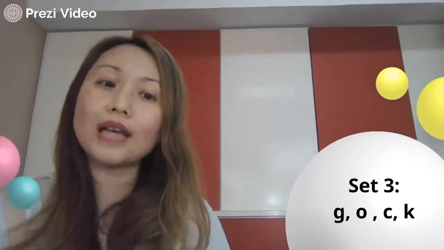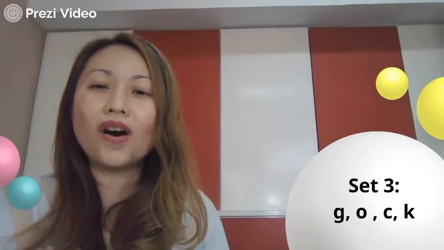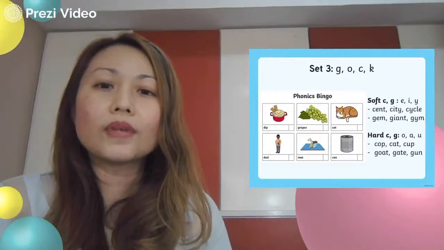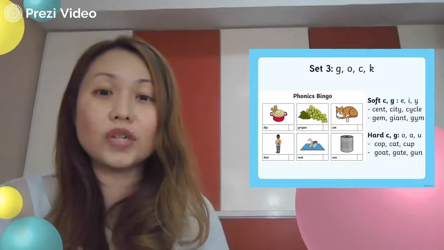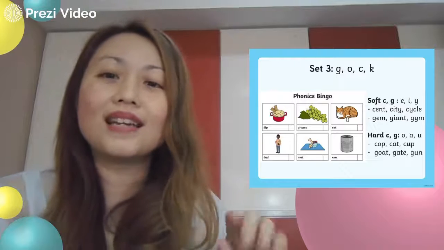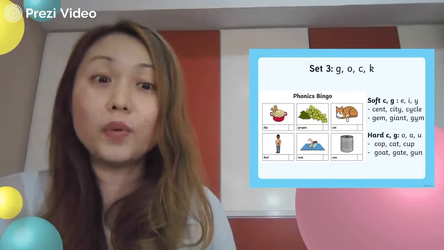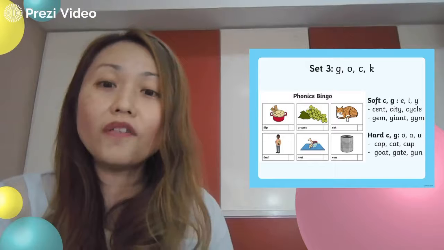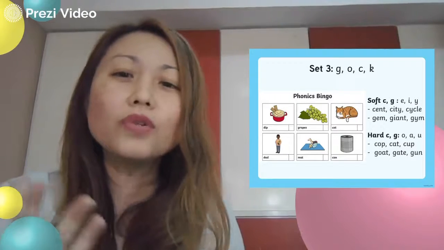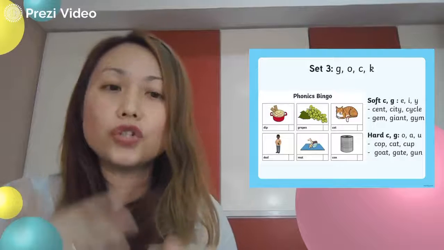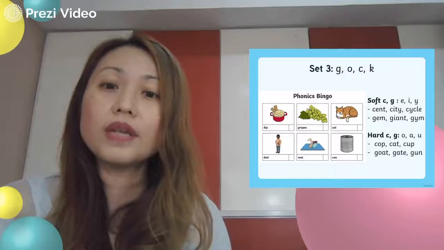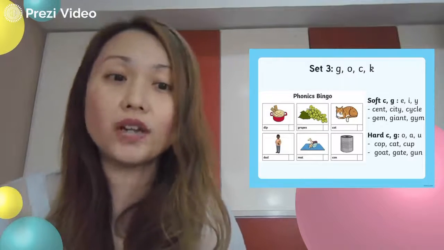We'll move on to set 3, which is G, O, S, K. Another activity you can do is phonics bingo. Here what you should watch for are the trickies, and G, which has both soft and hard sounds. There are many rules to this. At this stage, you should introduce why some words have soft sounds and why some words have hard sounds.